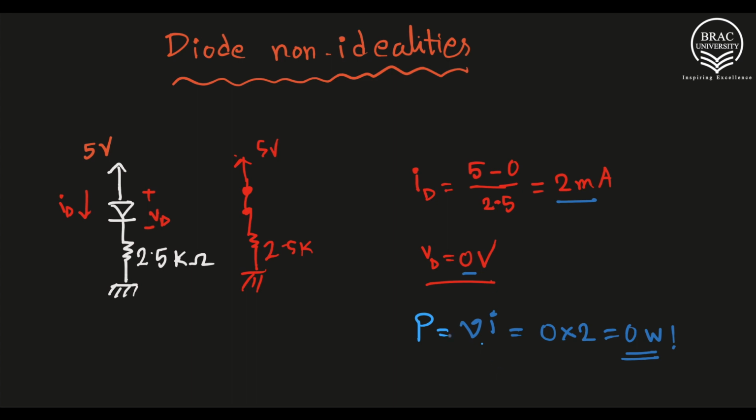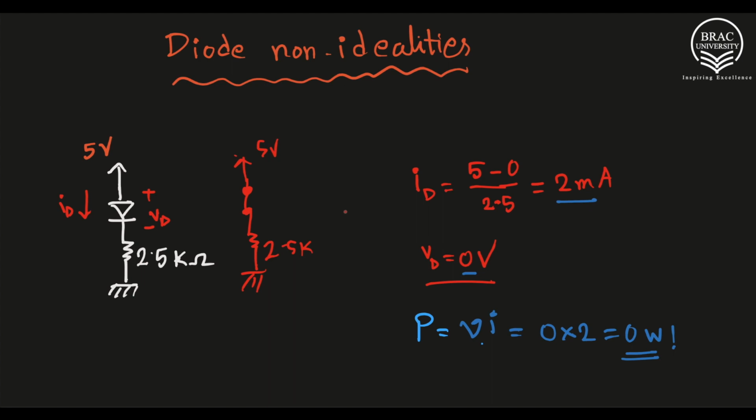So our assumption that the voltage is zero is slightly wrong. Another thing that we assumed is that there are no voltage drops here. This means that the material that the diode is made of has zero resistance.